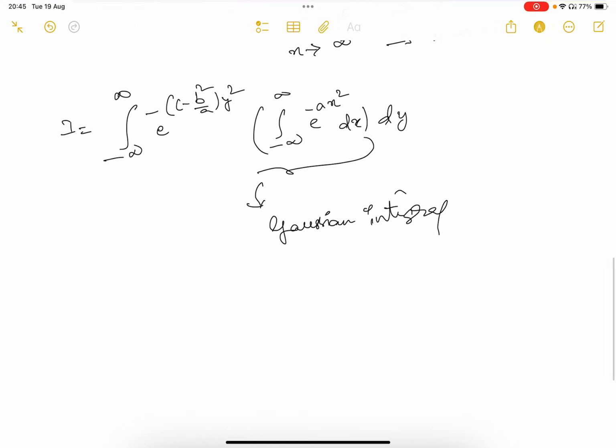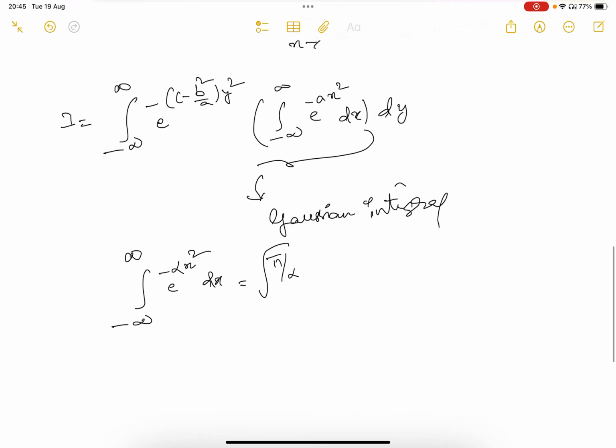The formula for the Gaussian integral is the integral minus infinity to plus infinity e to the power minus alpha x² dx is root of pi by alpha. So I will be the integral minus infinity to plus infinity e to the power minus of (c minus b²/a) into y². This will be root of pi by a dy.